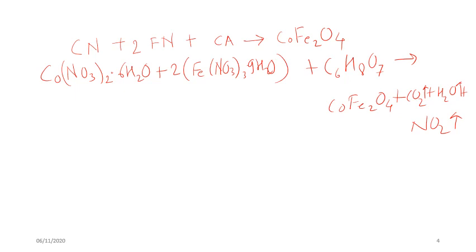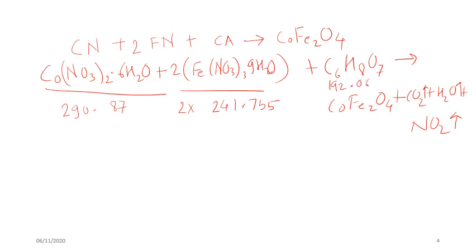We can see initially we have the molecular weight of this, 290.87 gram. 2 times the molecular weight of this, 241.75, and the molecular weight of citric acid is 192.06.